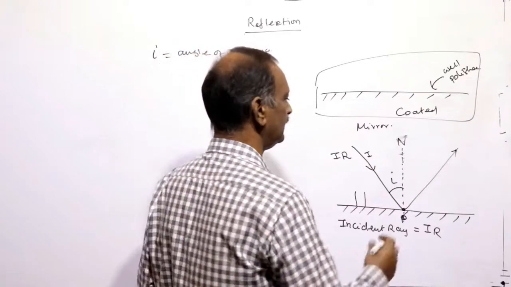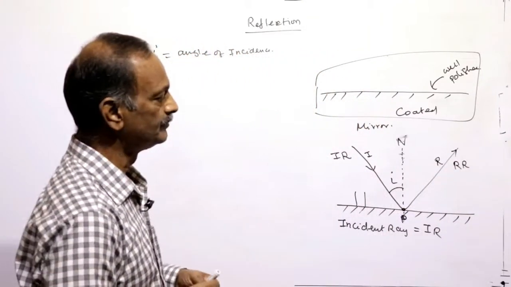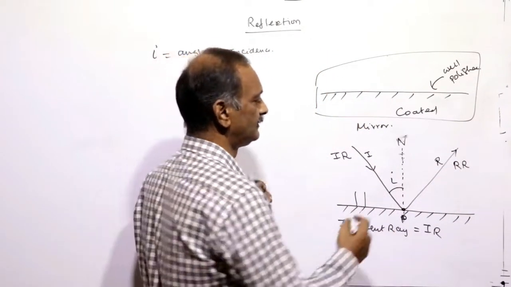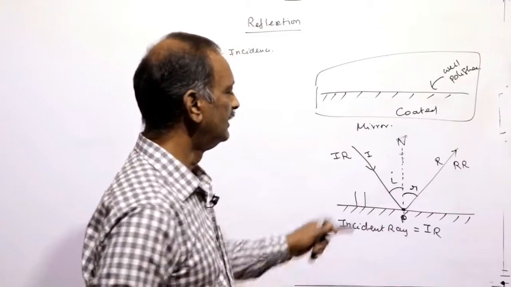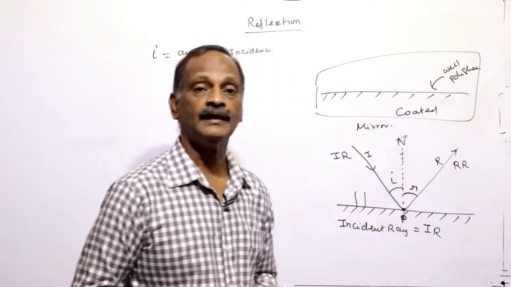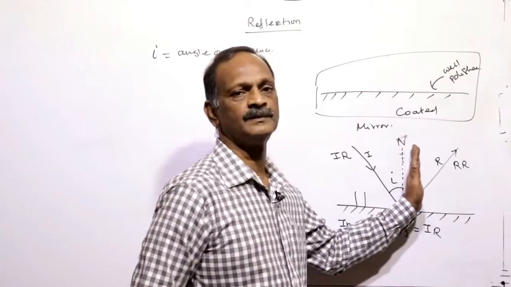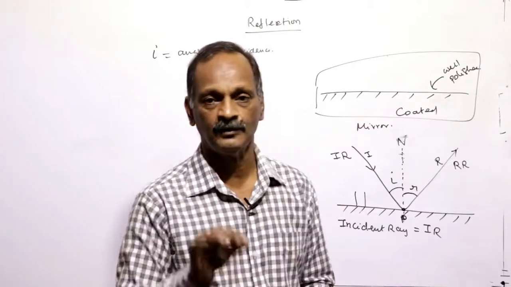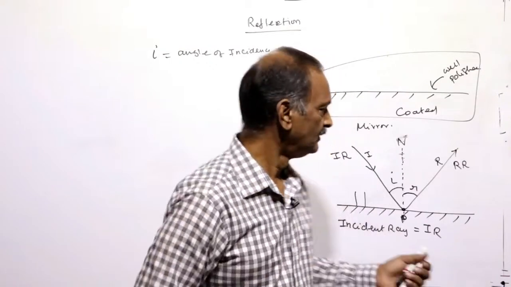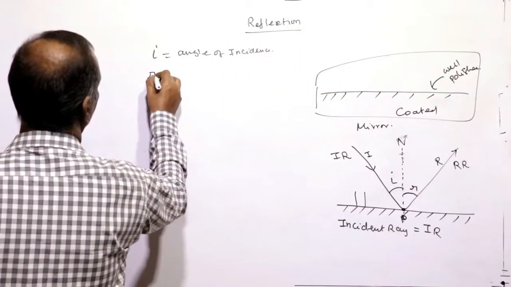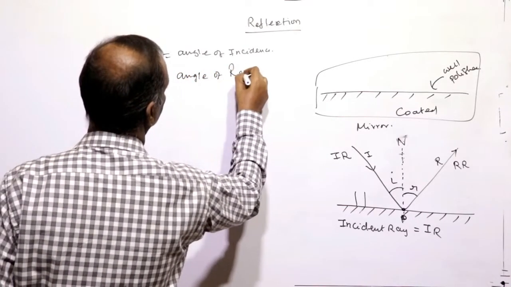So the reflected ray R will be reflected back with the same angle as the incident angle, and this is called the reflected angle. The reflecting angle is also always measured with respect to the normal. The normal is always drawn perpendicular at the point at which the ray is incident on the polished surface of the mirror. So this is R, and we can say R is equal to the angle of reflection.